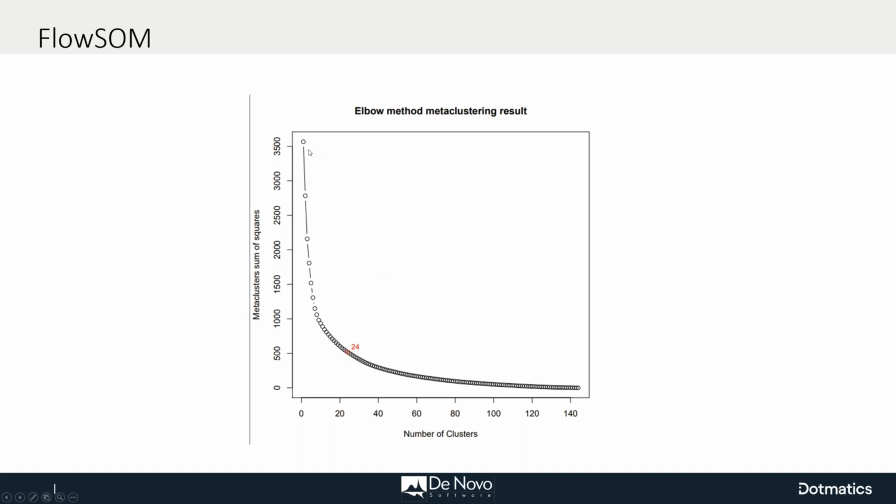And so what FlowSOM does is it looks for the elbow in this graph and selects that as the quote unquote right number. But it doesn't understand any of the biology. It doesn't know what events in your sample, what you're looking at. It doesn't know how your panel is constructed or what channels are more important or less important to you.